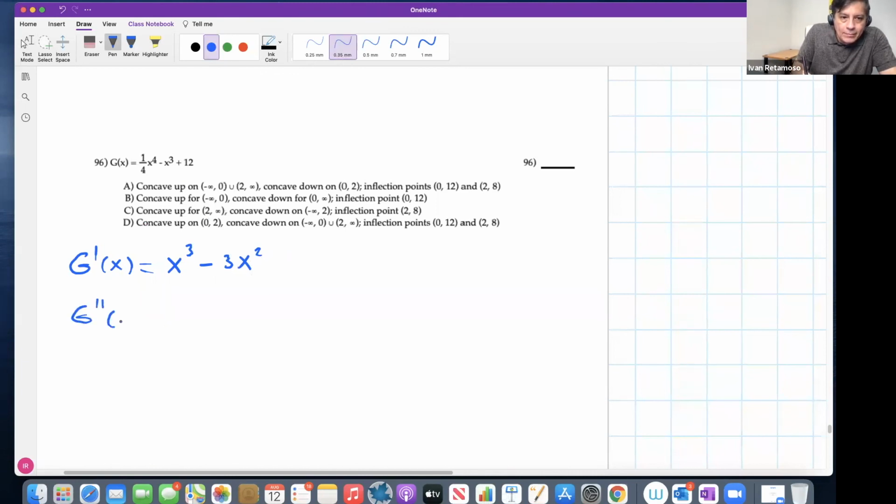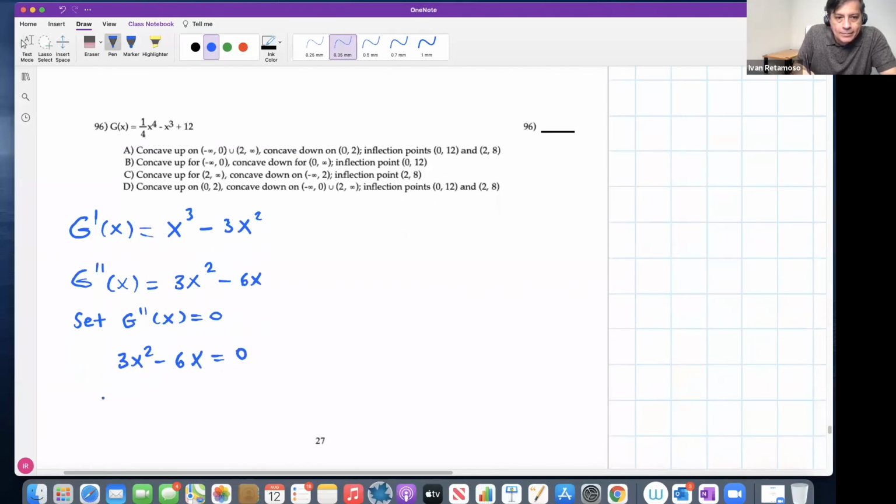Second derivative, because we're dealing with concavity, remember? 3x squared minus 6x. Then you set your second derivative equal to 0 to find those special points where your second derivative is 0.